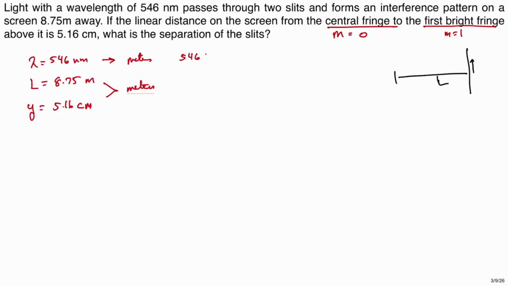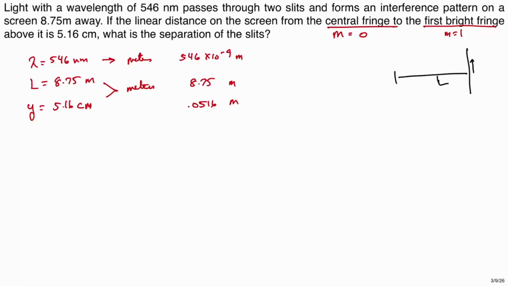So this is 546 times 10 to the minus 9. This is 8.75. That doesn't change. And then the 5.16 becomes 0.0516. Or you could do 5.16 times 10 to the minus 2, because that's what the centi means, 10 to the minus 2. So there I've got them all in meters.